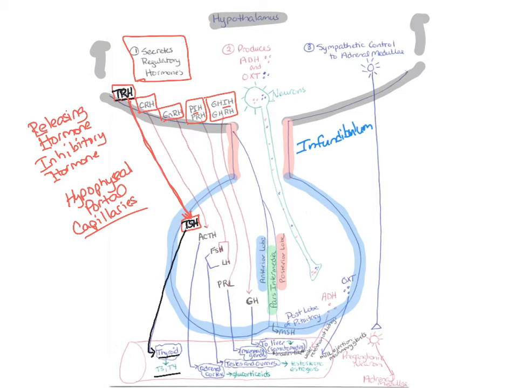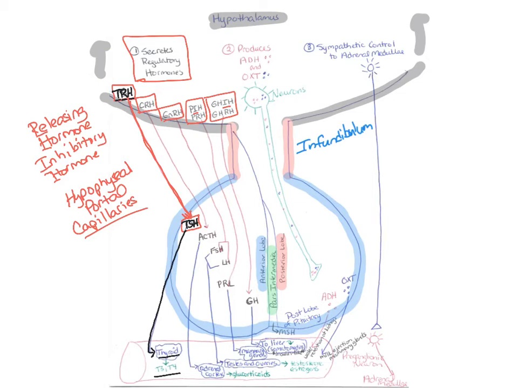What I want to do here is show you this cascading sequence of events that have to happen in order for the thyroid to release T3 and T4. So there's a lot of regulation going on here. It's not like one person has control.